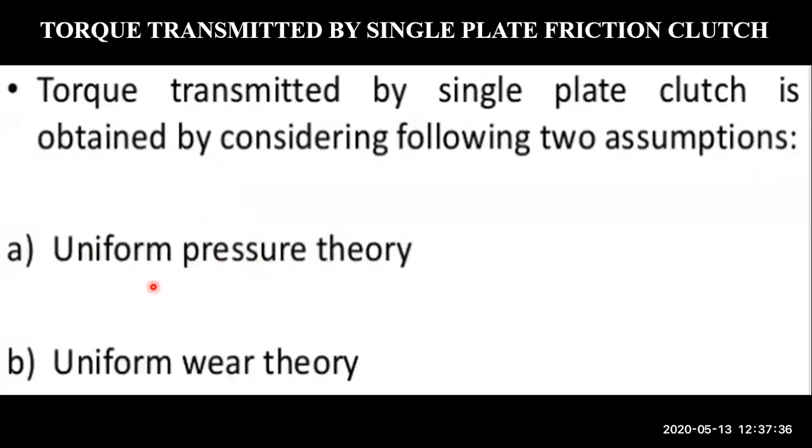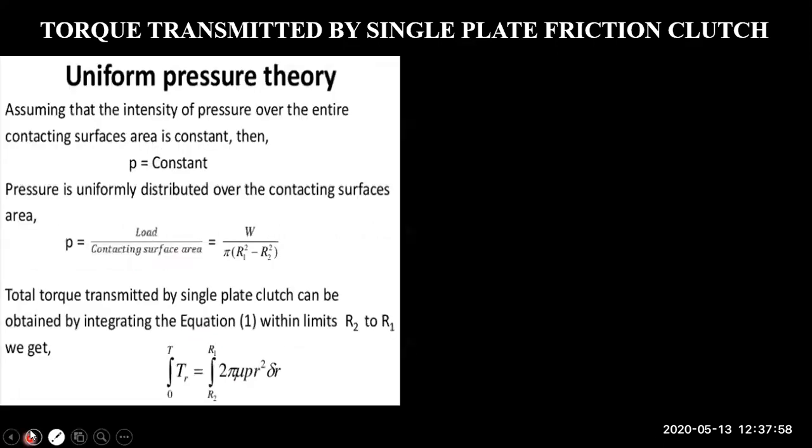Here, either assume uniform pressure theory or assume uniform wear theory. If one is constant, the other will be variable, that you have to keep in mind. If pressure is constant, wear will not be constant. If wear is constant, pressure will not be constant. So that's what we keep as a base for deriving this equation.